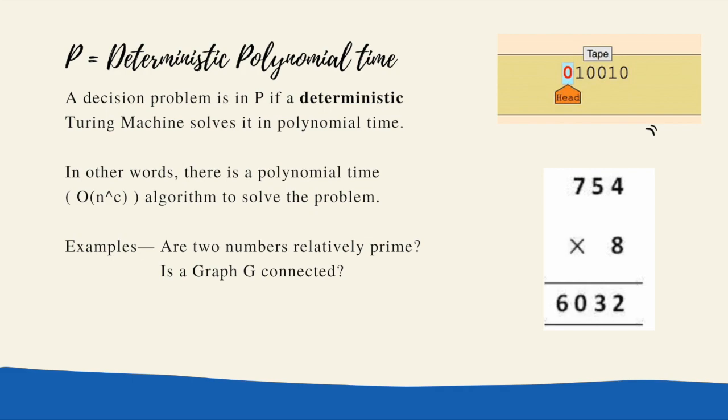Astonishingly, this computational model, proposed by Alan Turing, is powerful enough to simulate any computationally known problem. So it's often used as a theoretical model to study computational complexity and many other things.